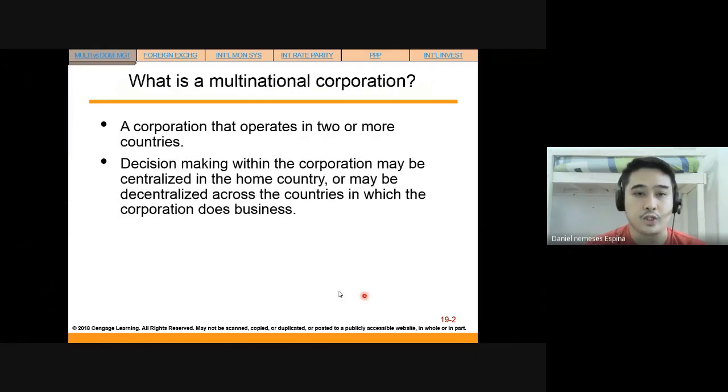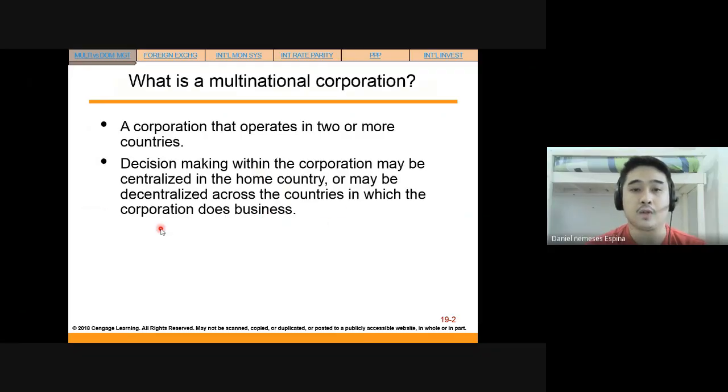The decision making within the corporation may be centralized, meaning all the decisions come from the home country or the headquarters, or it can be decentralized, across the countries in which the corporation does business.